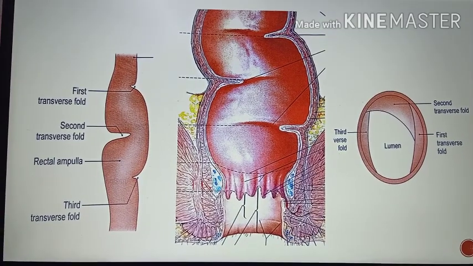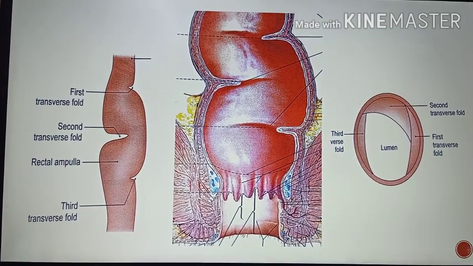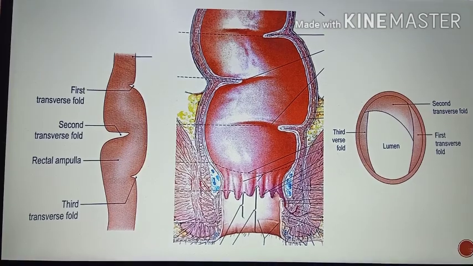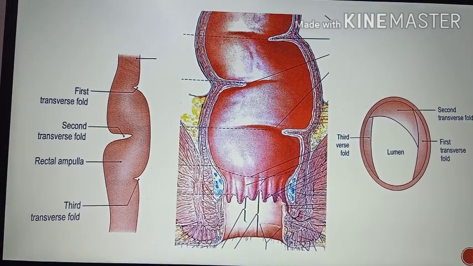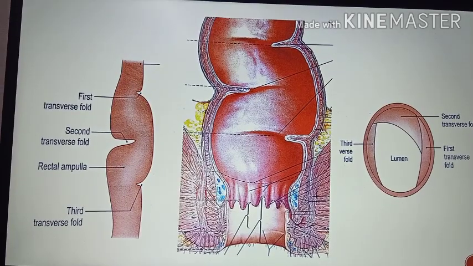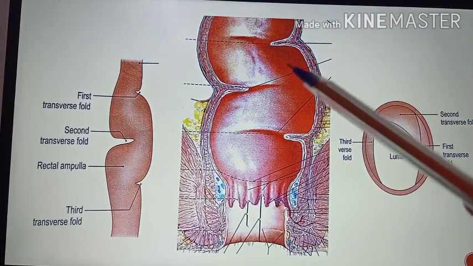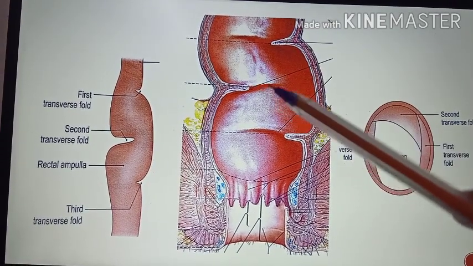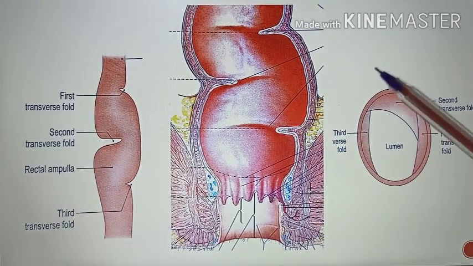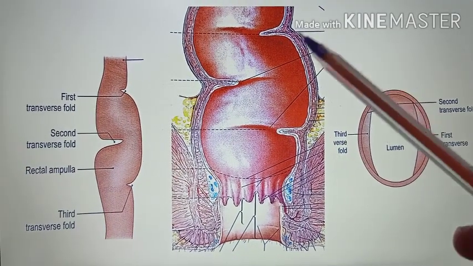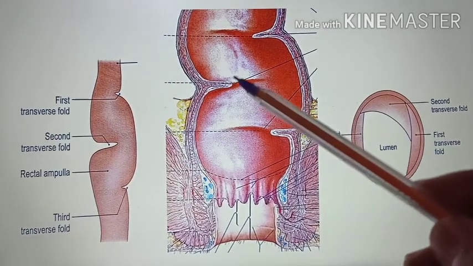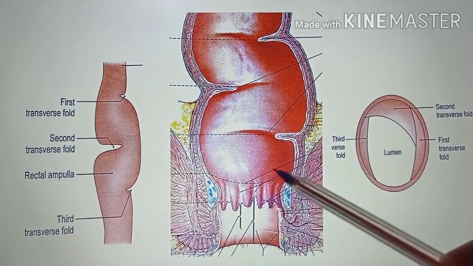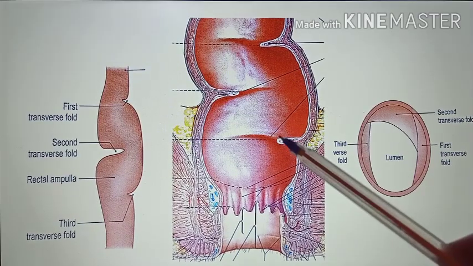One thing you are supposed to know is that a few authors also say there is another inconstant wall present in between the first wall and the second wall. In such a case, the total number of walls would increase from 3 to 4.